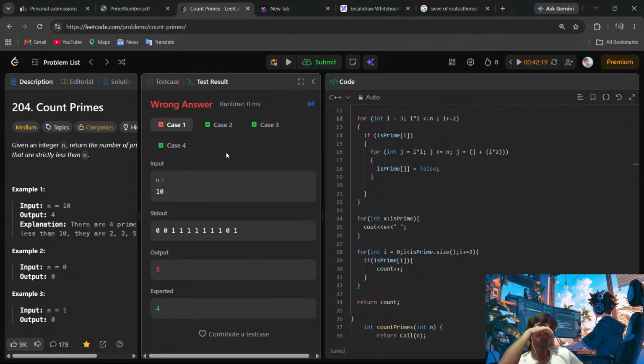J plus I into 2, because I know that I have to jump to the next odd number.